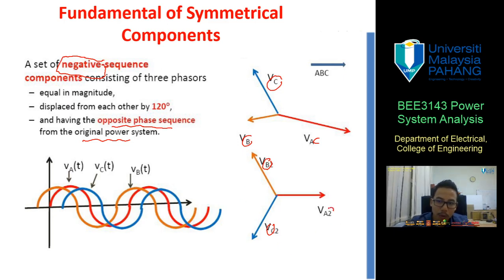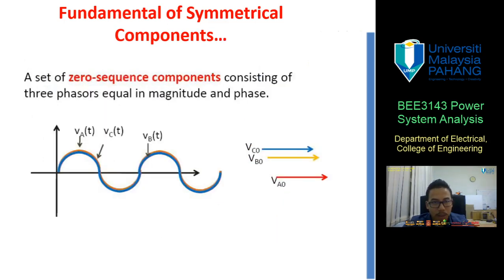The number that we use for the negative sequence is number 2.